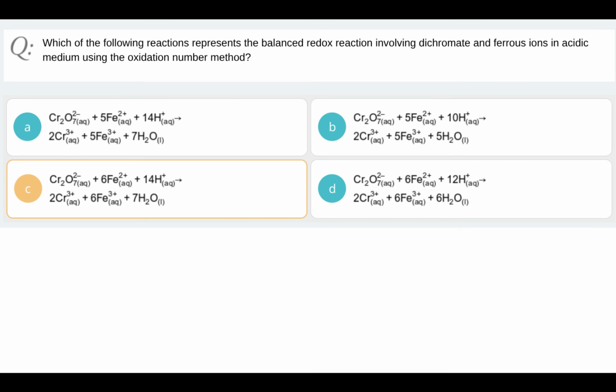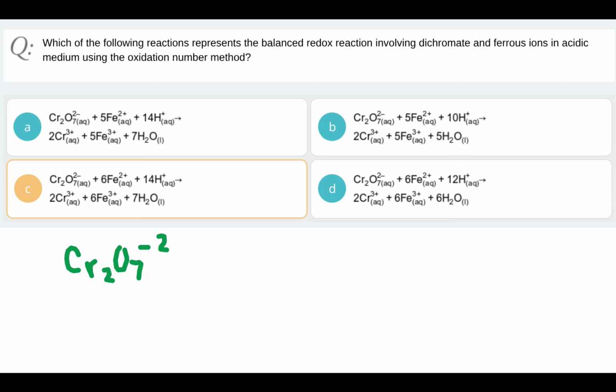Now, moving on to this next question, which of the following reactions represent the balanced redox reaction involving dichromate and the Fe2 positive ion in an acidic medium? With this question, you could start with oxidation numbers, or with everything reacting and then balance from there, or you can start with half reactions. So if I was to take a look at this one, I might just write down what we have reacting. So chromium, which would be with a 2 here, O7.